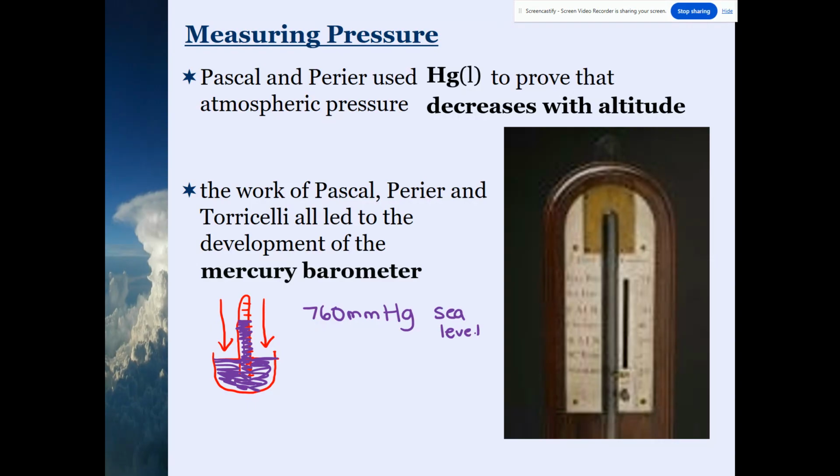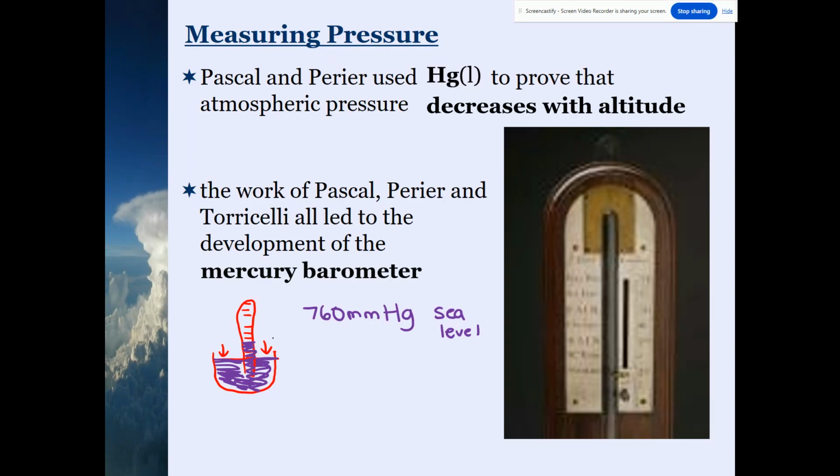Now, when you move up in altitude, as we said, the pressure goes down. So what happens is that mercury, oops, I erased my test tube there. That mercury has less pressure being put on it, so it doesn't go up the test tube as high. It maybe only goes up to there.